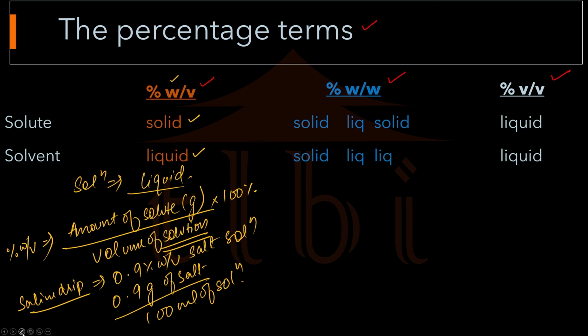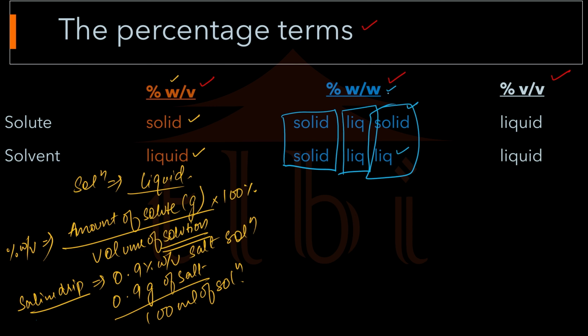Now let's look at percentage weight by weight. So percentage weight by weight can be solute and solvent, both can be solid, both can be liquid, and in one case solute can be solid and solvent can be liquid.